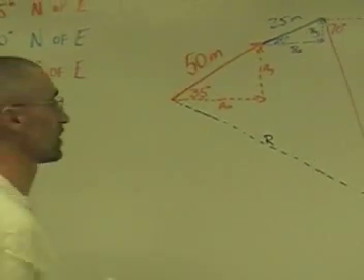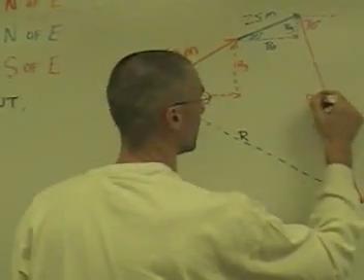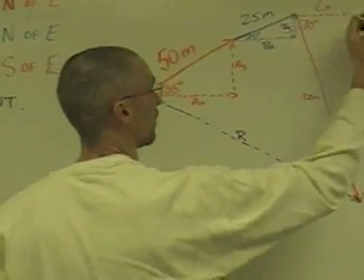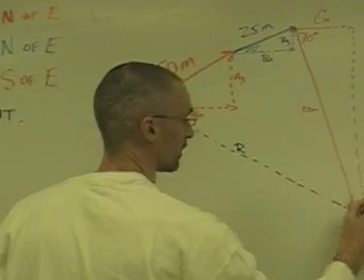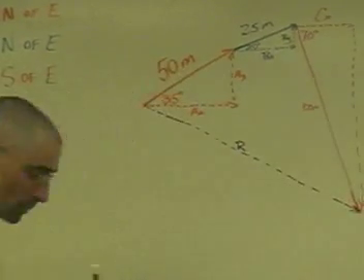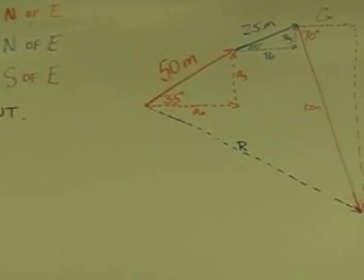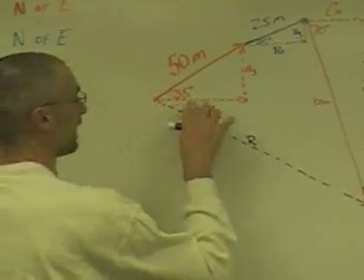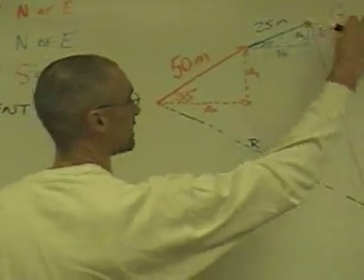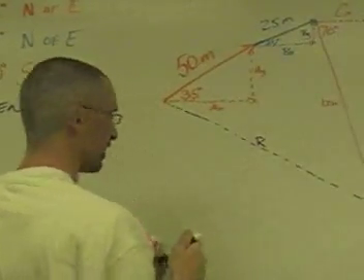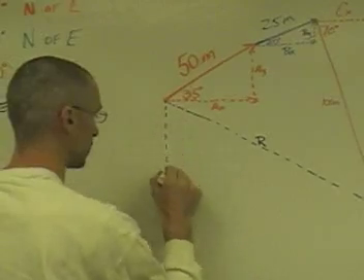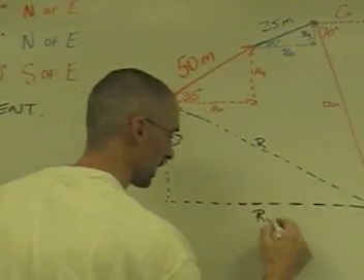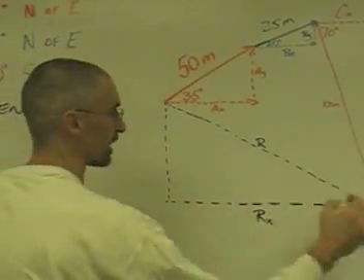Vector C, which has a magnitude of 100 meters, has an x component, Cx, right there, and a y component, Cy, right there. I think you guys would agree that if I take my Ax and my Bx and add my Cx, all those together would come out to be equivalent to my Rx going in that direction.